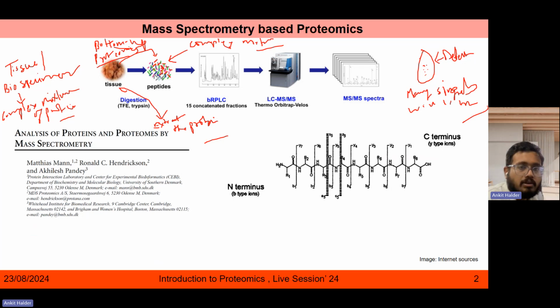So first we need to fractionate those peptides, through different liquid chromatography based techniques, where the peptides get phased out or separated out.